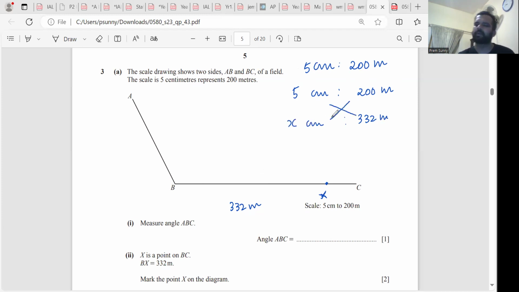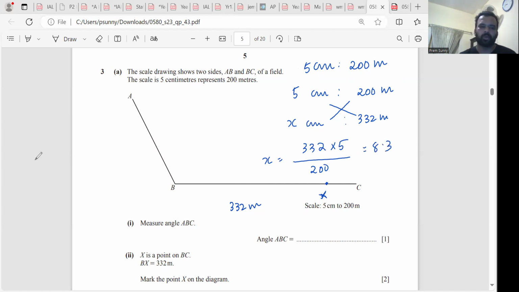You just have to cross multiply them to get the answer. 5 centimeter represents 200 meter in real life. In real life, it is 332 meter. What will be its corresponding representation in the diagram here? Cross multiply, 332 into 5 divided by 200 will be your X. So 332 into 5 divided by 200 will give me the answer as 8.3.